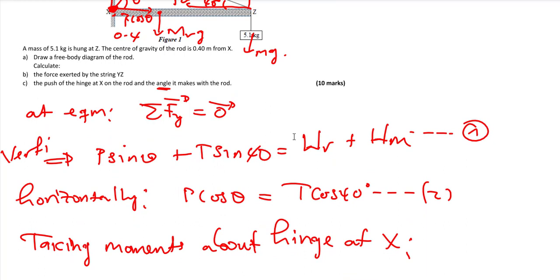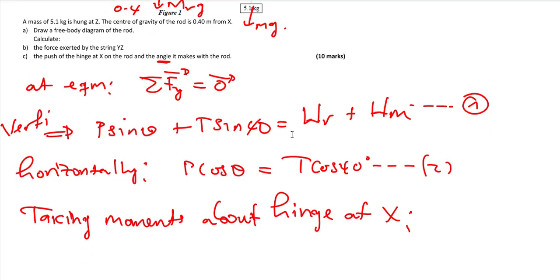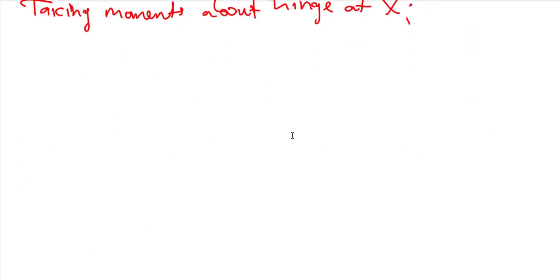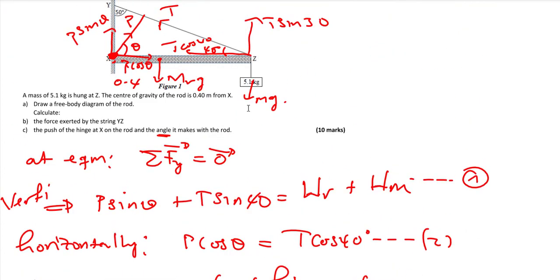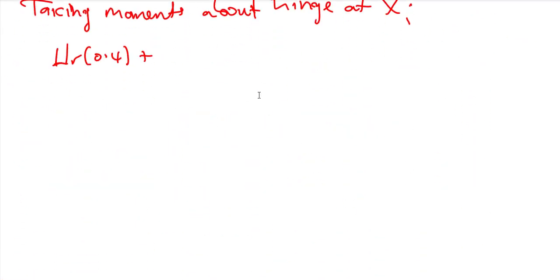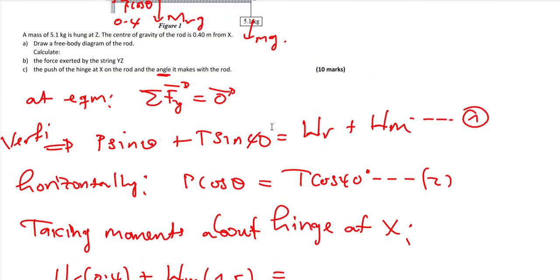So let's do that moment. We have the weight of our rod times this perpendicular distance, 0.4. So I'm going to have WR into 0.4, plus the next clockwise moment, which is the weight of the mass times the length of our rod, which was 1.5, WM into 1.5. That will be equal to the sum of anticlockwise moments.